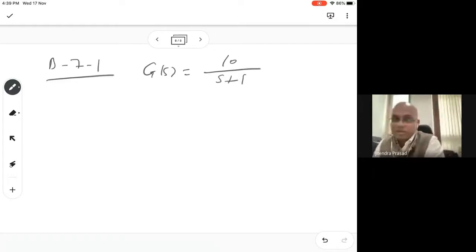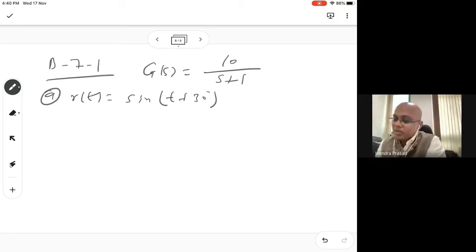Obtain the steady state output of the system when it is subjected to each of the following inputs. So we have A, r(t) is equal to sin(t plus 30 degree). And you have B, some other value, C, some other value. Let's look at just first A only, and you can solve the others also.